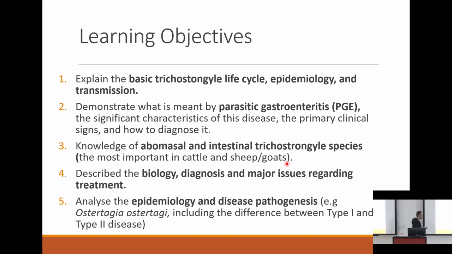You will get knowledge of the abomasal or intestinal Trichostrongyle nematodes of sheep and cattle. You will work on the biology, diagnosis, and the major issues regarding treatment plans. You will further analyze the epidemiology and disease pathogenesis. For example, what is the difference between clinical type 1 and clinical type 2 disease in Ostertagia.